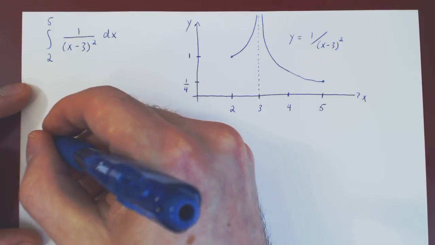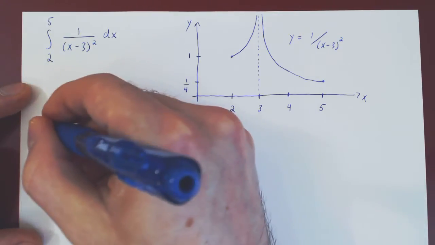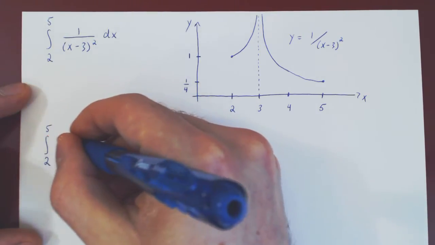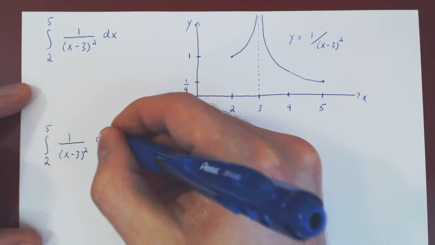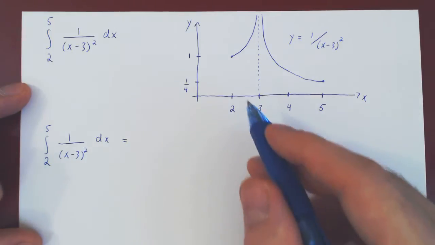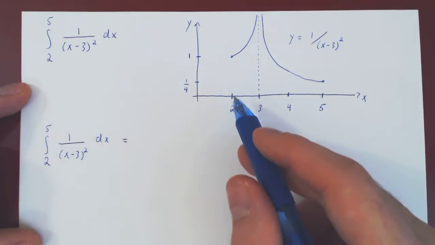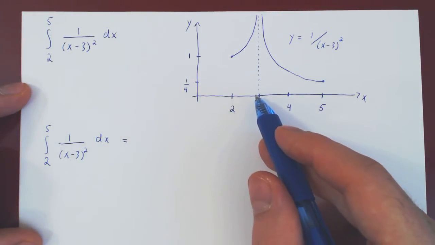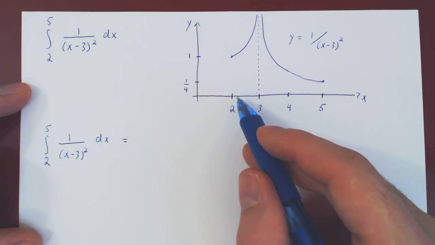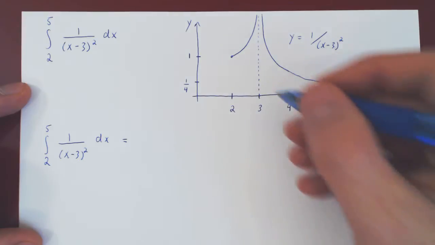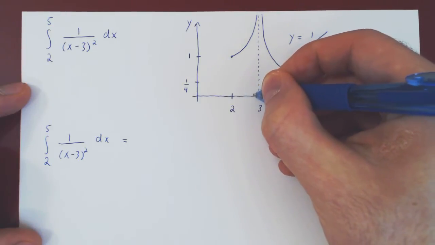So let's see how we can do this. Let's start over here. So from 2 to 5, 1 over (x minus 3) squared dx equals. Well, we're trying to go from 2 to 5 again, but we can't jump over our discontinuity. We have to avoid it. So we have to go from 2 to, say, t, stop a little before.